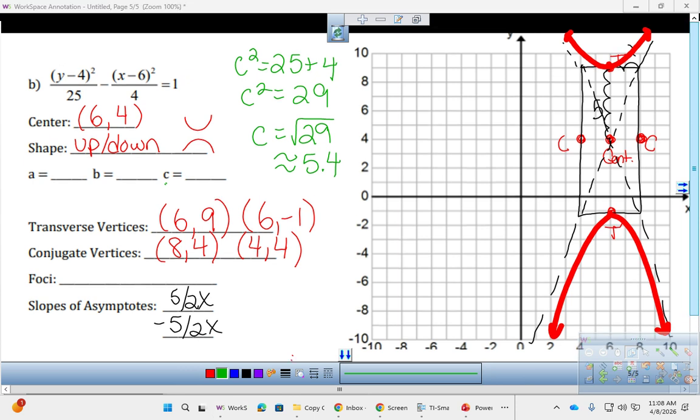So from the center, 1, 2, 3, 4, 5.4. 1, 2, 3, 4, 5.4. Where are we at? 9.4. Where am I at here? Negative 1.4.